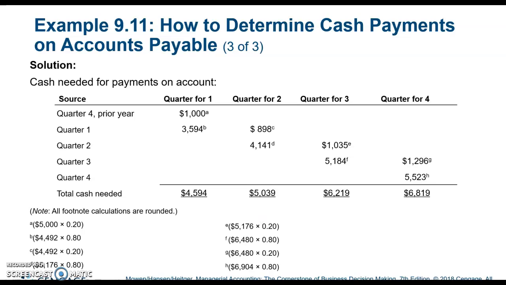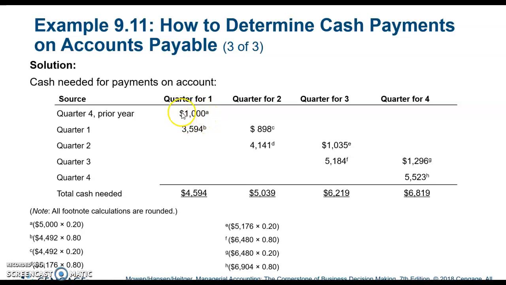All right, so now we're going to have the cash payments schedule, just like we did with cash receipts. So for quarter four, we had $5,000 worth of purchases, we were told in the previous slide, but 80% of that $5,000 got paid for in quarter four of the previous year. 20% of that $5,000 would get paid for in the following quarter, which is quarter one of our budget year.